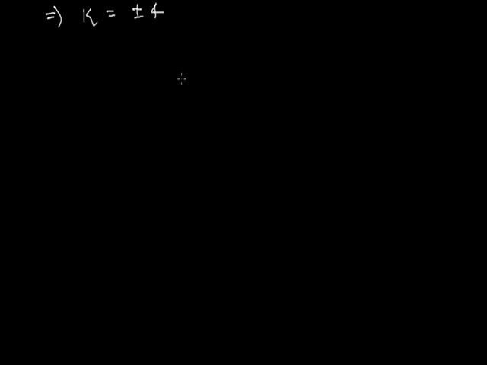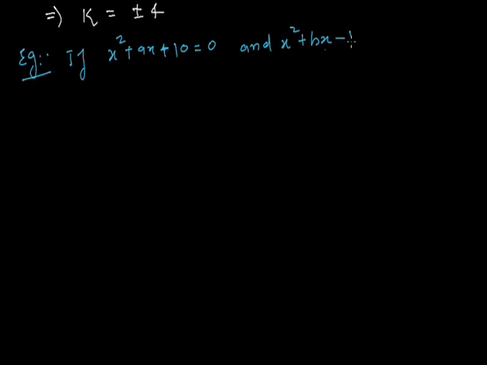Now let us discuss another example: if x square minus ax plus 10 equal to 0 and x square plus bx minus 10 equal to 0 have a common root, then we have to find the value of a square minus b square.